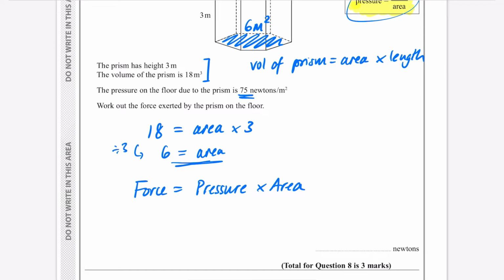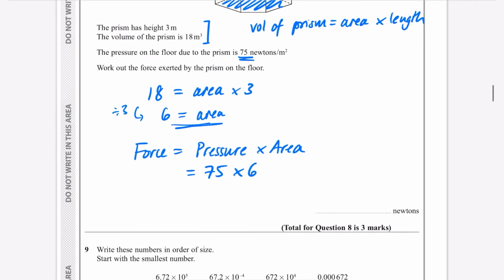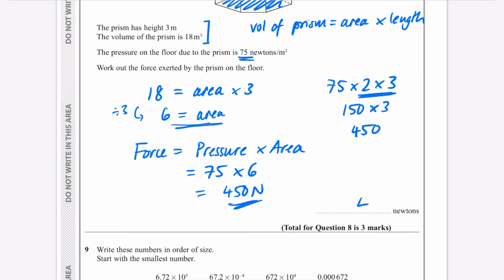They've told us that the pressure is 75 and the area is 6, so we just need to do 75 times 6. Now, I personally would do 75 times 2, and then I would times it by 3. 75 times 2 is 150, and 150 times 3 is 450, because multiplying by 2 and then by 3 is the same as multiplying by 6. So my answer for this is 450 newtons.